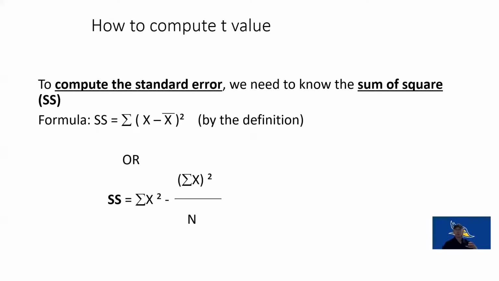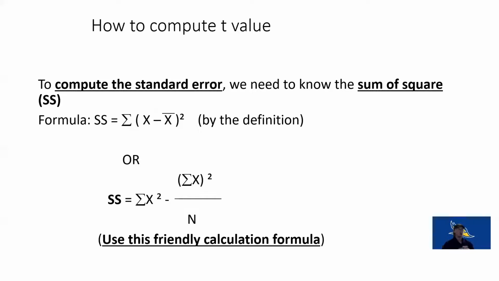So we'll back it up a little bit. To compute the standard error, we need to know the sum of squares. The sum of squares is similar to the variance. So what we have here is the sum of x squared minus the sum of x quantity squared divided by the sample size. This is our sum of squares.